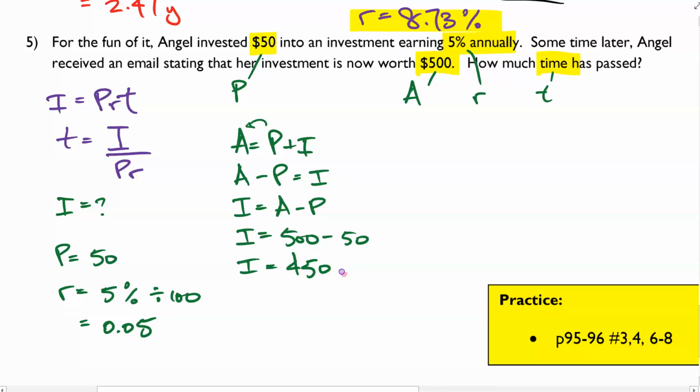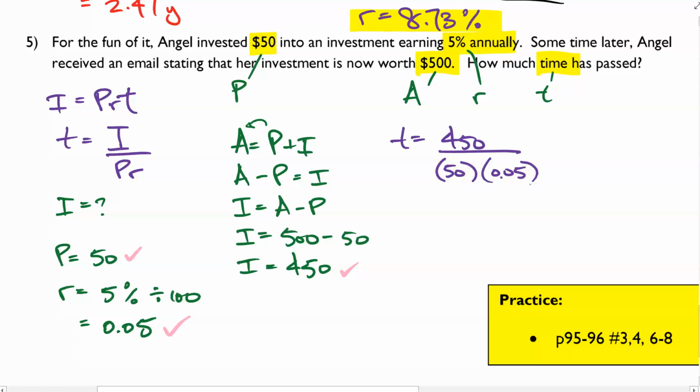Put in a big check mark. We've got P, check. And we've got R. And we're going to figure out T. So let's do it. T is equal to 450, which is I, divided by P, which is 50, and R, which is 0.05.